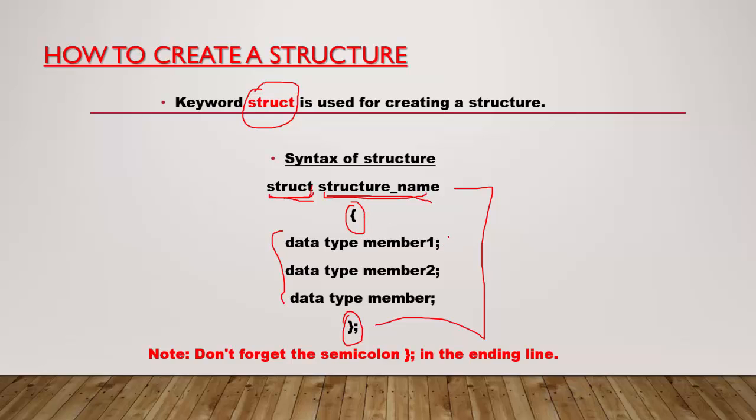We specify where the members of the structure will be by opening this curly bracket, and then we close it here. And remember that at the end we need to have this semicolon.